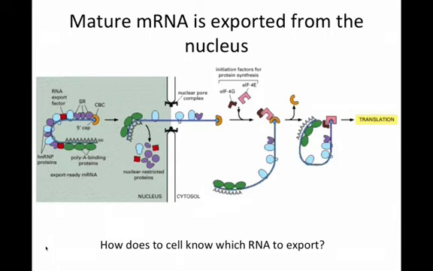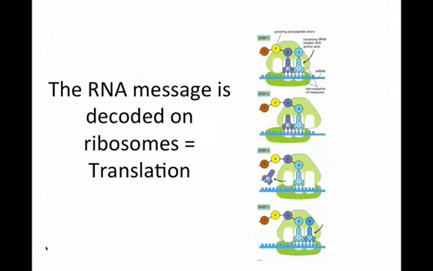And then the RNA is going to associate with translation initiation factors, and translation begins. And we already know how the cell knows which RNA to export because we just talked about that. Okay, so we've got RNA out of the nucleus, if you're a eukaryotic cell.